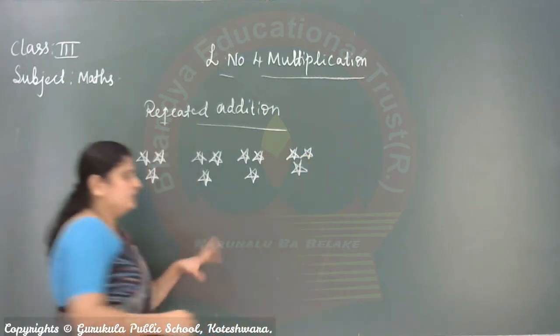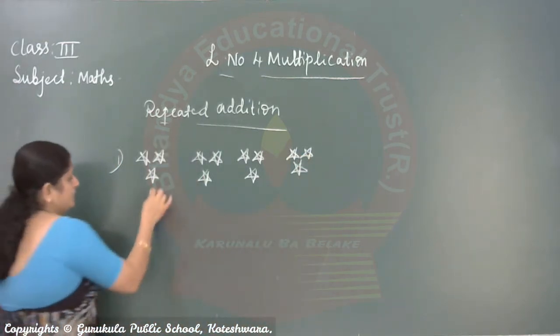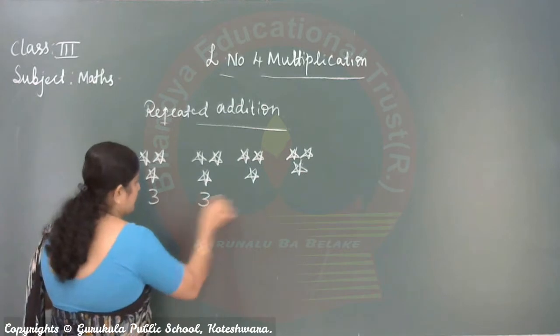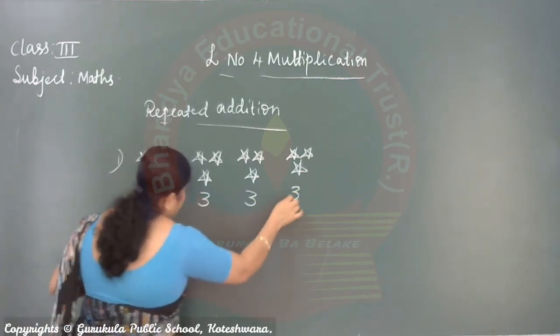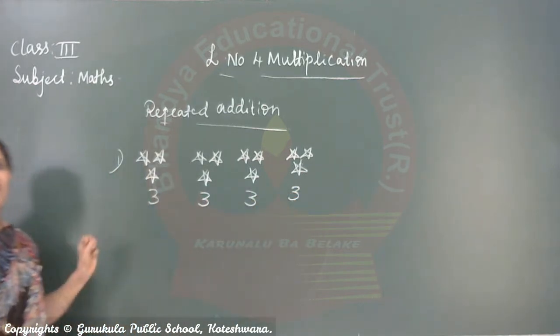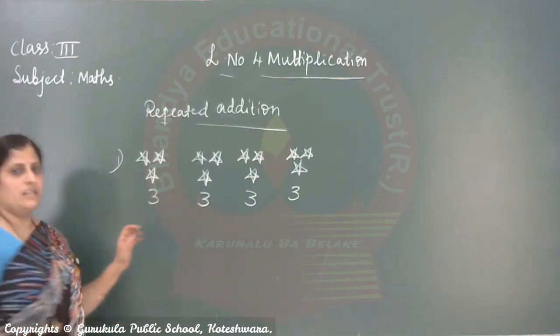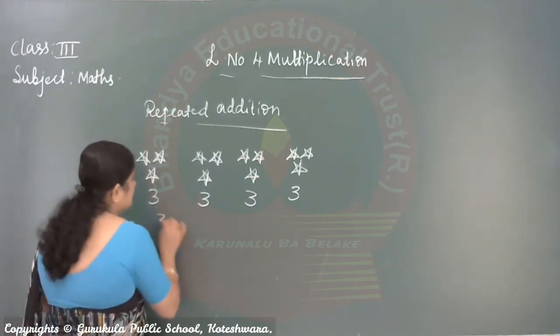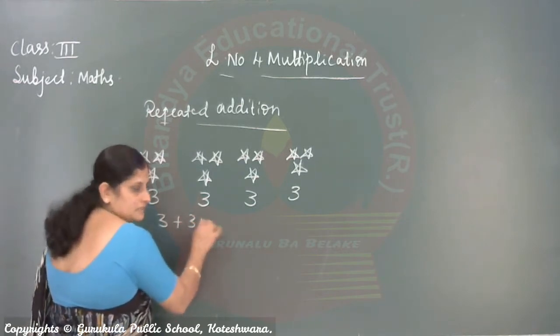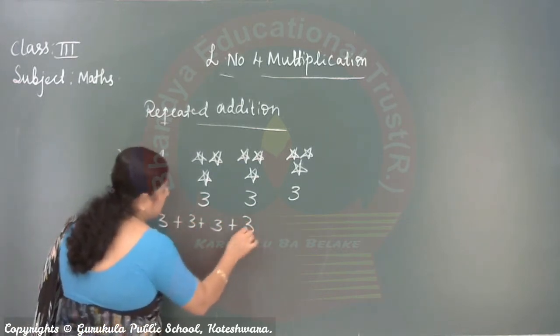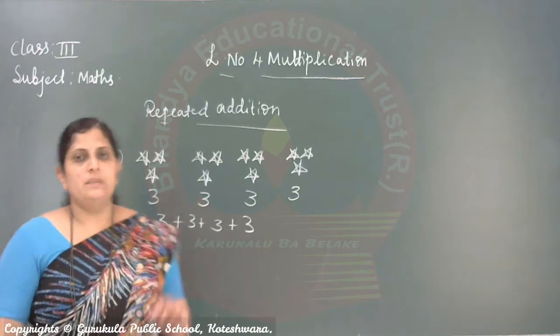Here again 3 stars. Correct? So this is 3 stars, 3 stars, 3 and 3. If you add these, see here now 3 plus 3 plus 3 plus 3.